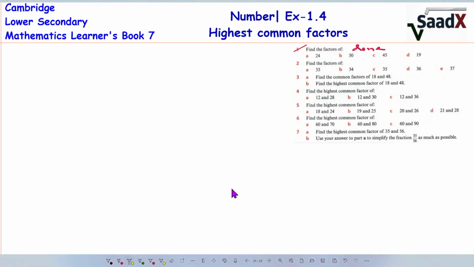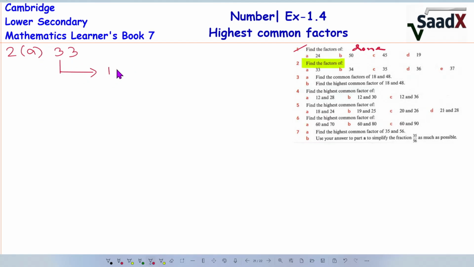Question 2. Here it is: find the factors of 33, 34, 35, 36 and 37. Similarly, one by one we will solve these. 2A, 33.